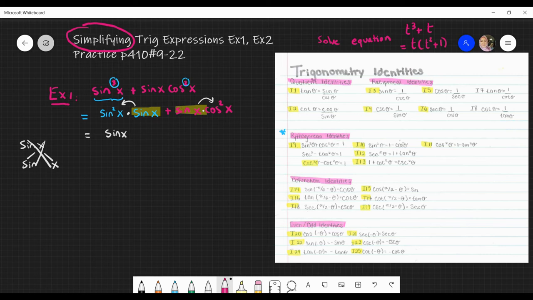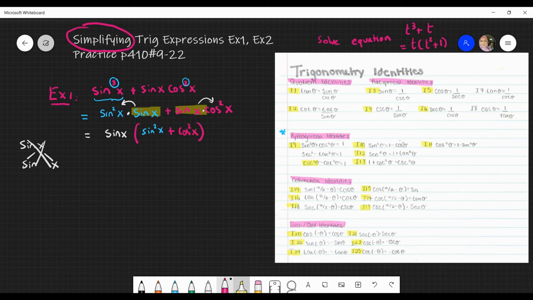I look here and the common factor is sine x. I open parentheses and I see what's left from the first term. If I take the sine x and put it as a common factor, what's left is sine squared of x. And I see what's left from the second term. And I'm color coding this so you can see it.